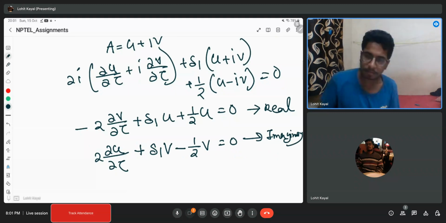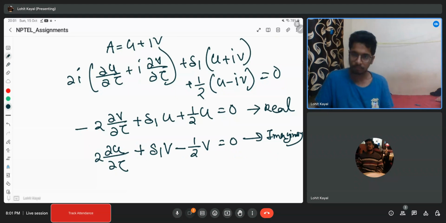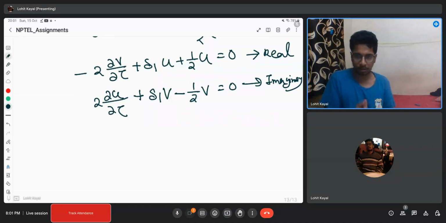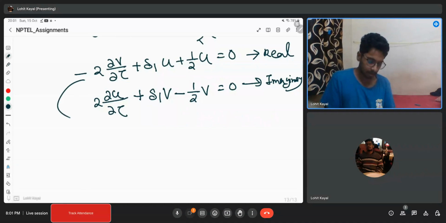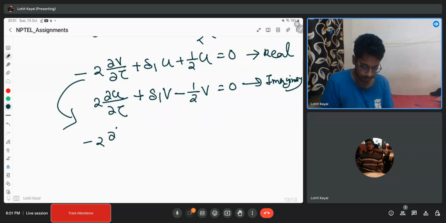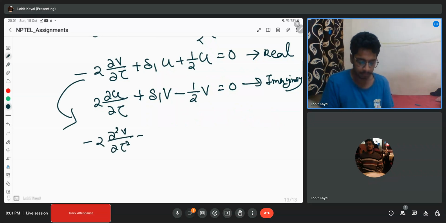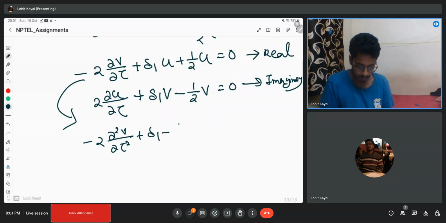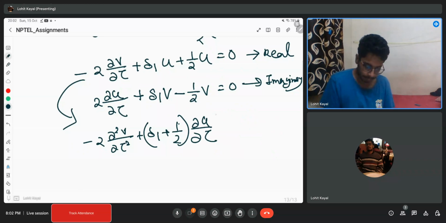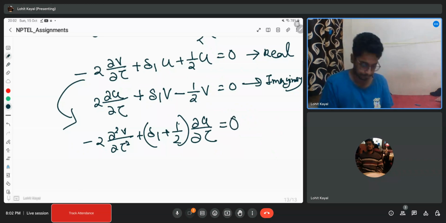So we have two coupled ordinary differential equations. Now we need to solve this. There are many ways to solve it, and I will show the easiest one. Just differentiate with respect to tau once again. So we get minus 2 del square v del tau square plus delta 1 plus half times del u del tau equal to 0.